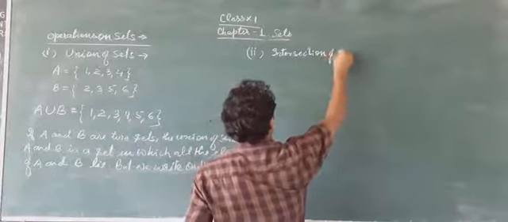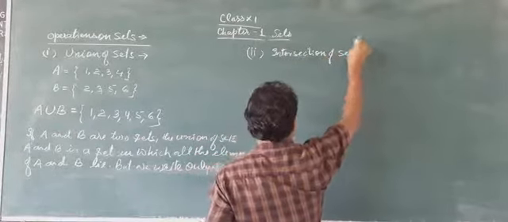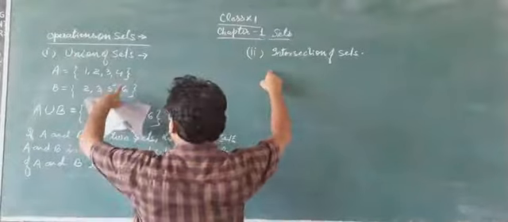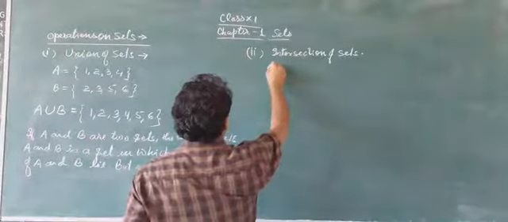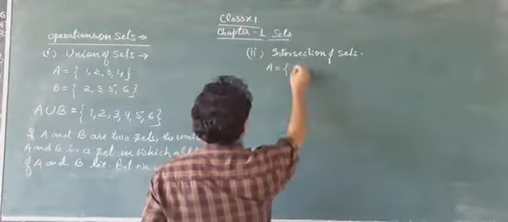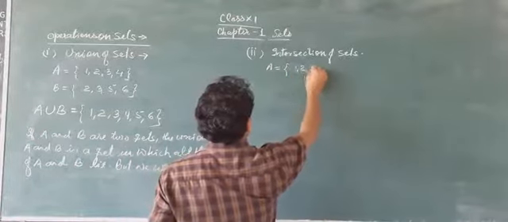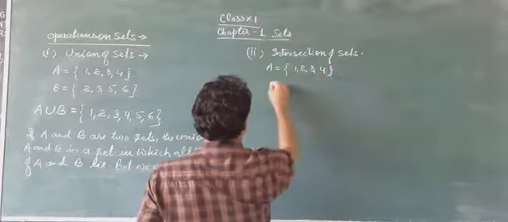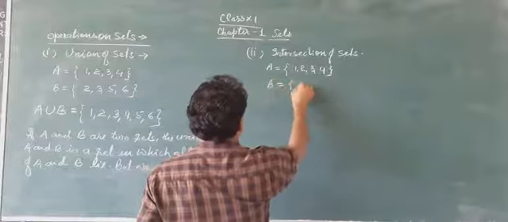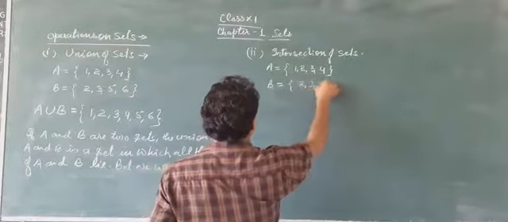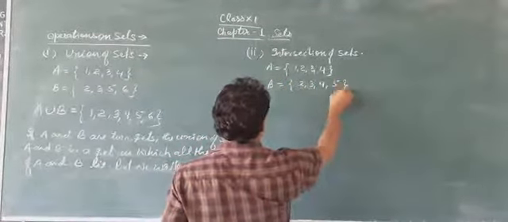This is the union, and the next one is intersection. Intersection of sets. Suppose that we again write this example. A is equal to 1, 2, 3 and 4, and B is equal to 2, 3, 4 and 5.